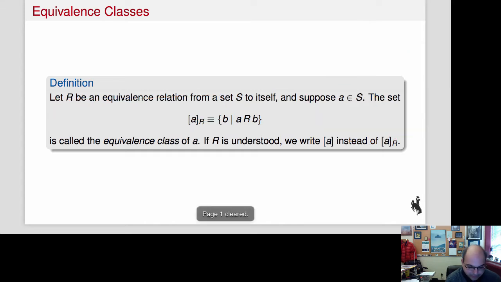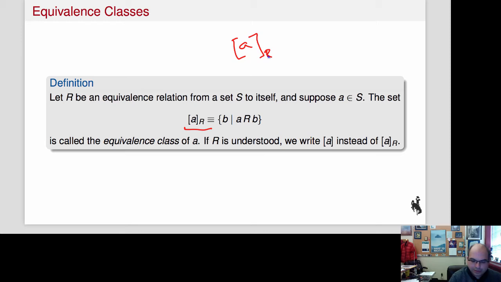All right. Now, whenever you have an equivalence relation, you can immediately define something called an equivalence class. This is the symbol that we use for an equivalence class. We take an element and we put square brackets around it. If the relation that we're talking about is understood, then we can leave it like that. If not, we just write it down here.